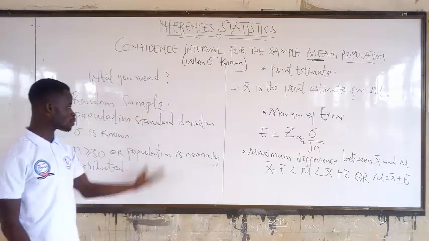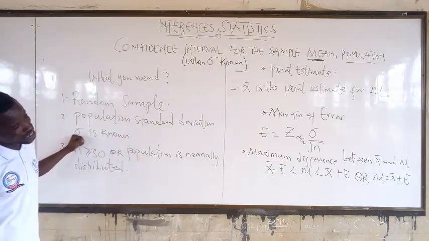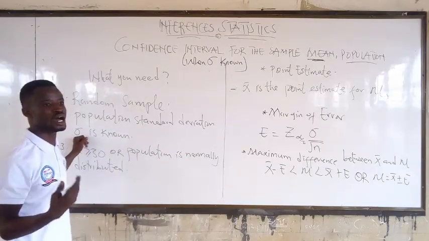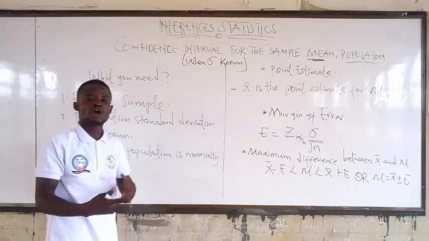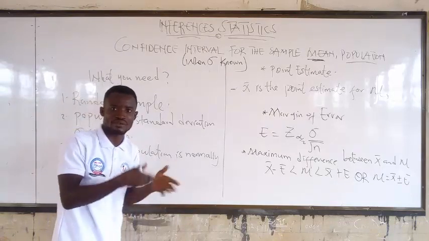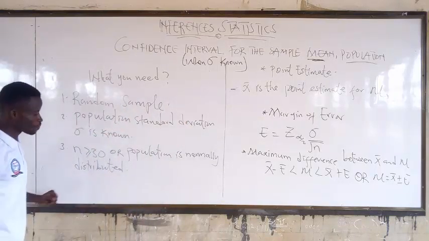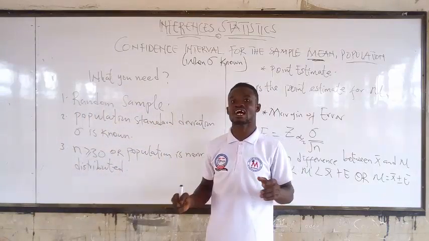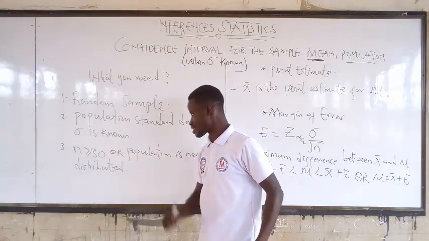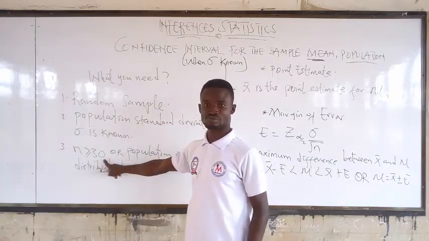The random samples still work here. In the question, you have to be expecting something like population standard deviation. When you hear a population standard deviation, you know that we are talking of the mean. Another requirement that you can easily use is when the n given you is greater than or equal to 30.